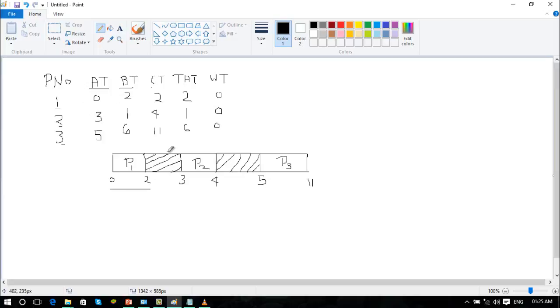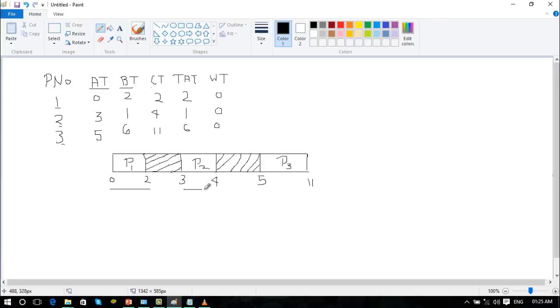The first one arrived at 0, but no other process has arrived yet, so it has to wait until time 3. From 2 to 3 we simply wait. The next process is P2, which is available here, and its burst time is 1 unit.